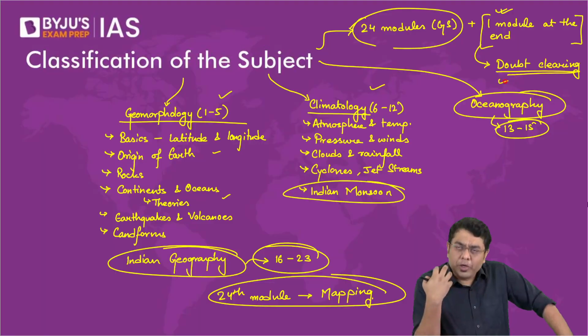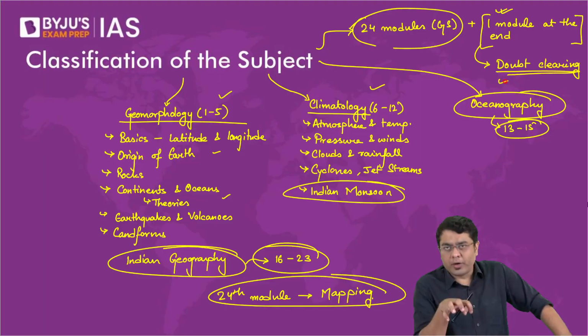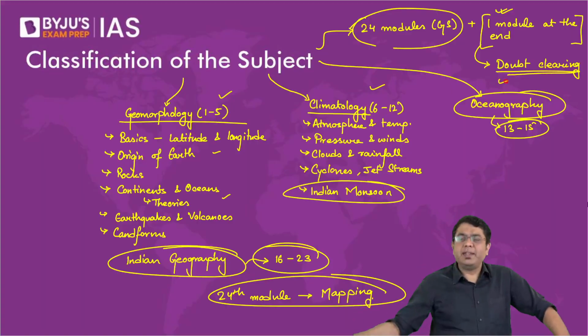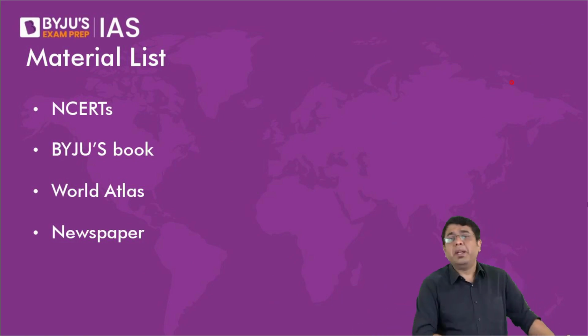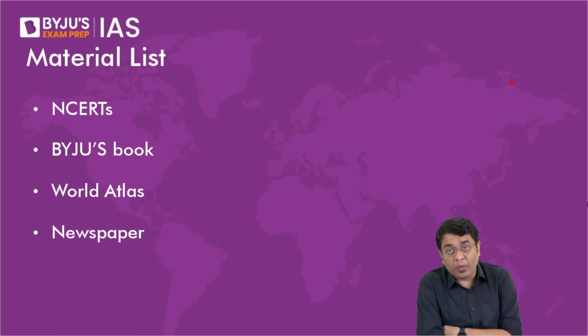That is where we are going to spend as much time as possible to ensure that there are no doubts which prevail. Because once that physical portion of geography is clear, the rest of the subject is very easily understandable. Now coming to the material list and the book list that is required.